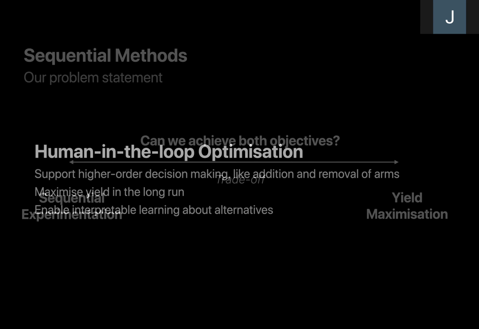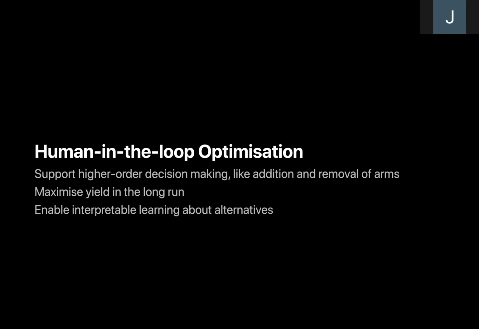First of all, some context around why we would like to achieve this trade-off in the industry setting. One reason is that there are always humans in the loop. This is where the interpretability aspect comes in, because these human operators are often involved in business relevant interpretation and higher order decision making, for example, deciding whether to add or remove treatments in the middle of an experiment.